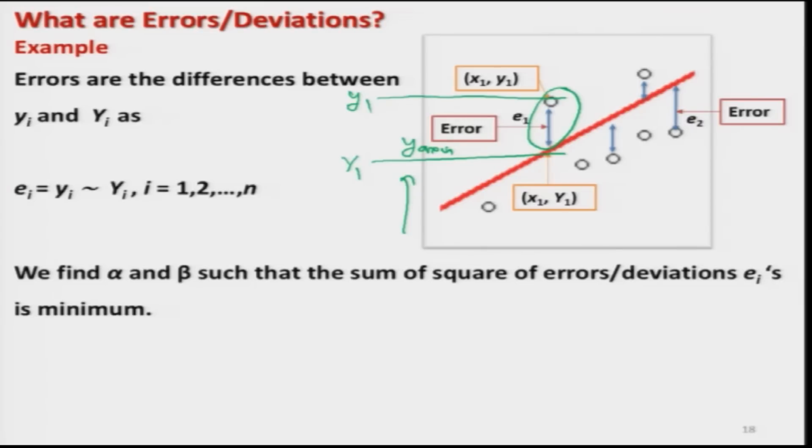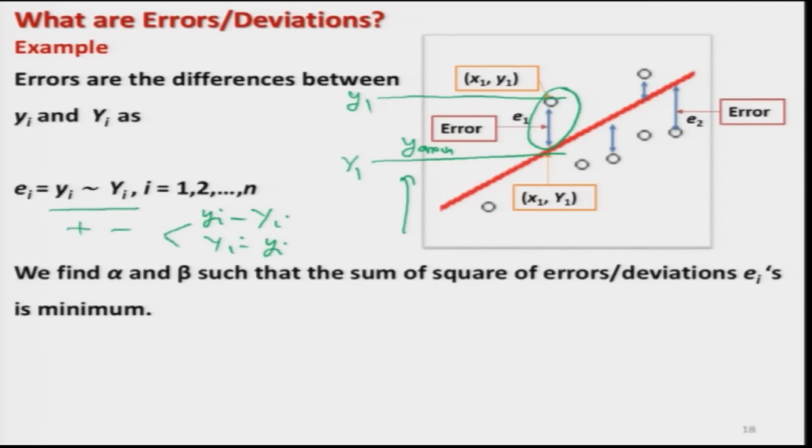This difference is denoted as, say, capital Yi minus yi, and it can be positive or negative, but you have to use the same structure: either measure them by yi minus capital Yi or capital Yi minus yi, right.